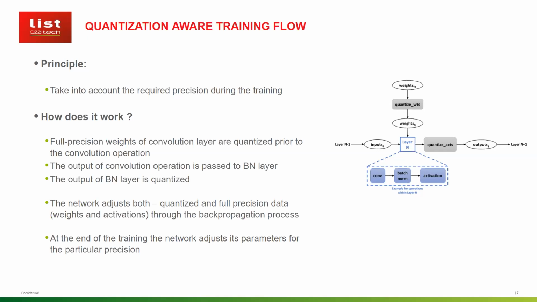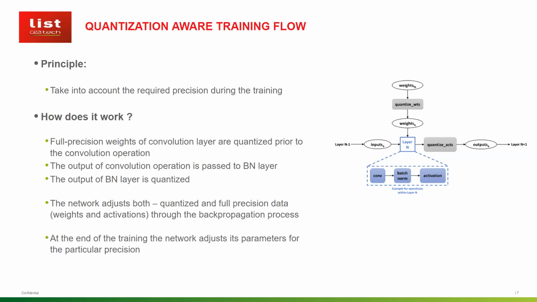So we take the full precision weights of the convolution layer, and we quantize them prior to the convolution operation. After we provide this operation, we pass the output of this layer to the batch normalization layer. And at the end of this operation, the output of this batch normalization layer is quantized. So in this way, the network adjusts both the quantized and the full precision data.